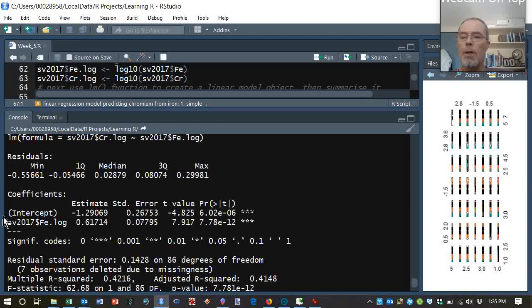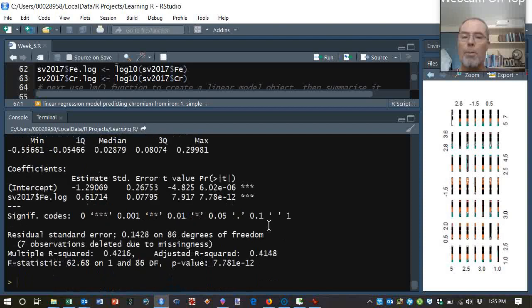Here are the estimates of our coefficient, our intercept of minus 1.3-ish, and slope of about 0.62 for the log transform variables, and our indication of whether those fitted parameters are significant or not. Okay, whether the null hypothesis is that they're 0. This allows us to reject the hypothesis that they're 0, and that's particularly important for the slope, of course.